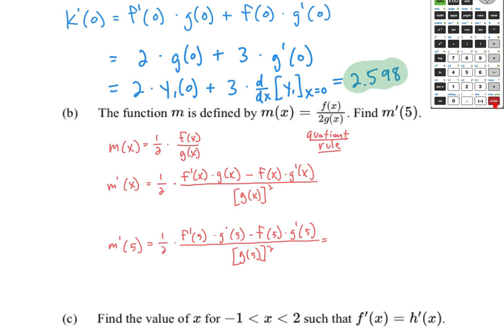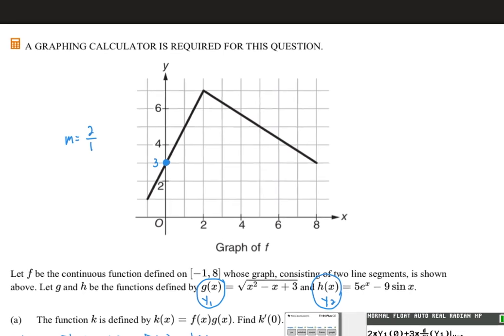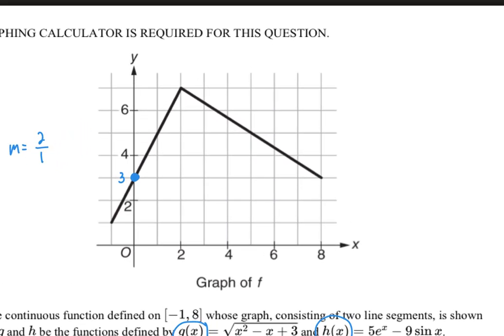Okay, so these two f functions, f prime of 5 and just regular f of 5, we'll have to look at the graph for those. So f prime of 5. Here's 5. And so f prime of 5 will be the slope of this line that contains 5.